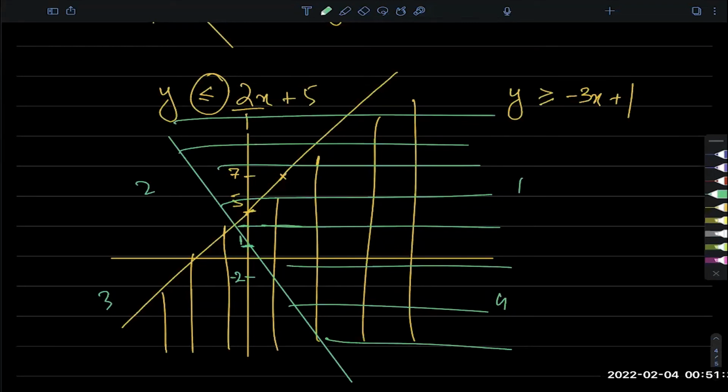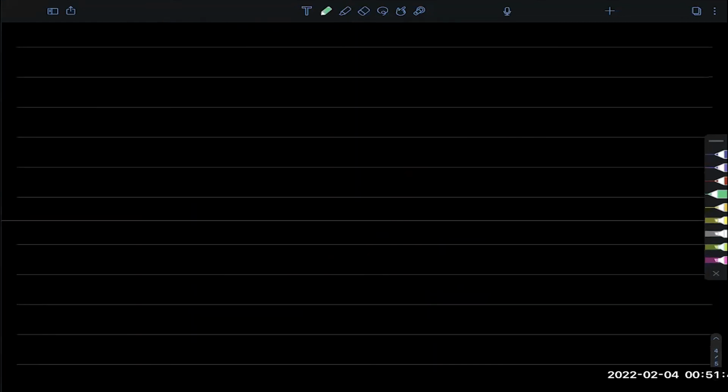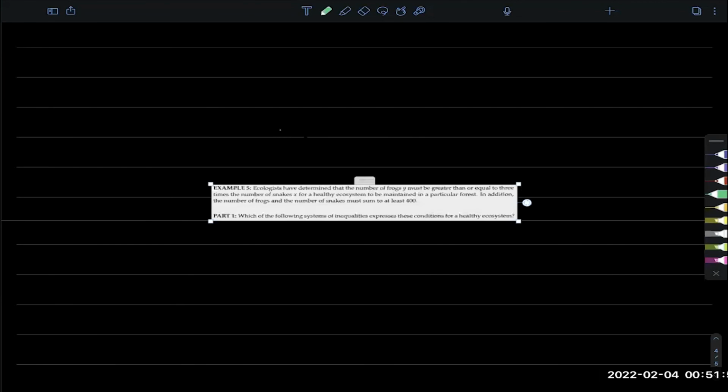Yes, sir. The third thing in this chapter is how to translate inequalities and how to make inequalities from any example that you have. So, for example, here's a word problem that we should be able to convert.